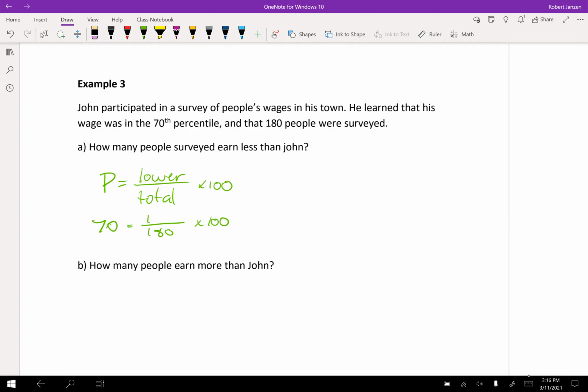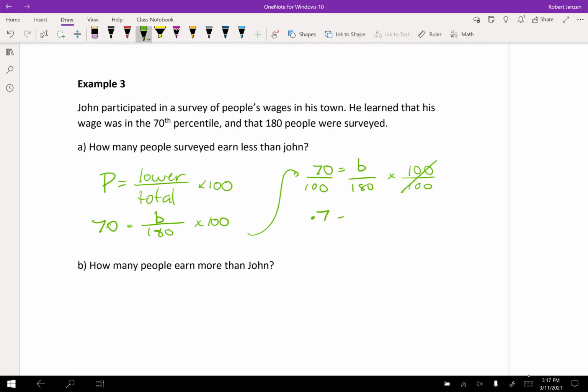Now, if you look in the previous page, we use the letter B for that. So we could do this a couple of ways. Let's go 70 equals, and I can multiply this by 100 over 180. So I could figure what this is. That's one way of doing it. Another way of doing it would be, since I'm multiplying by 100 here, if I divide this by 100 on both sides, this will actually be gone.